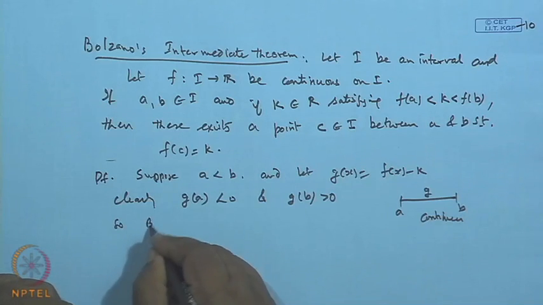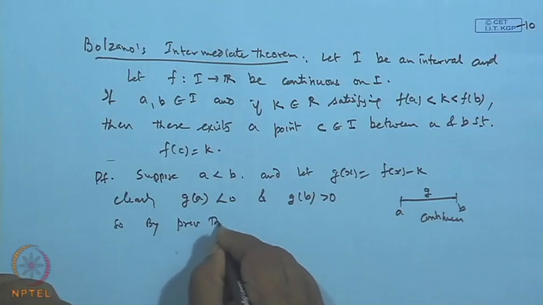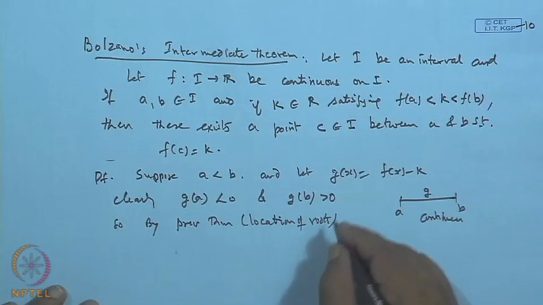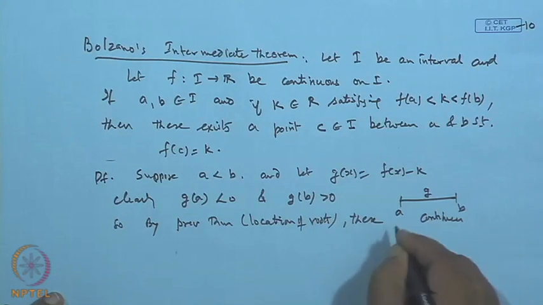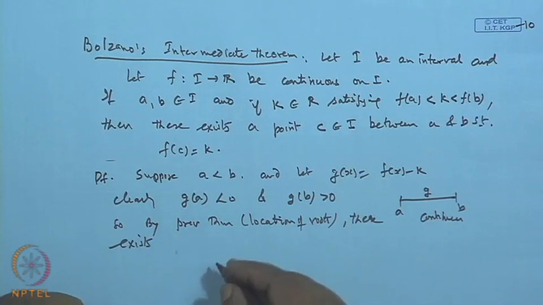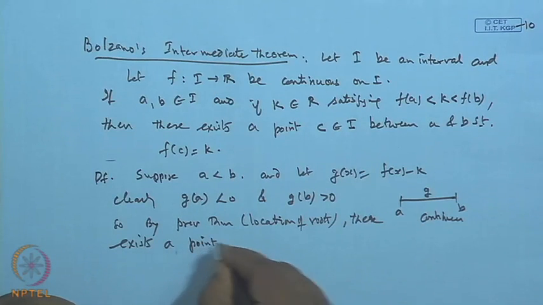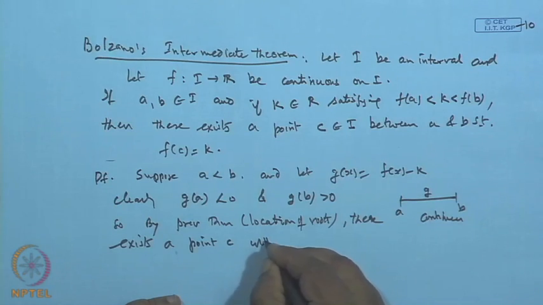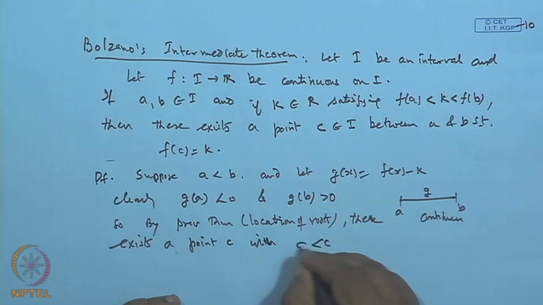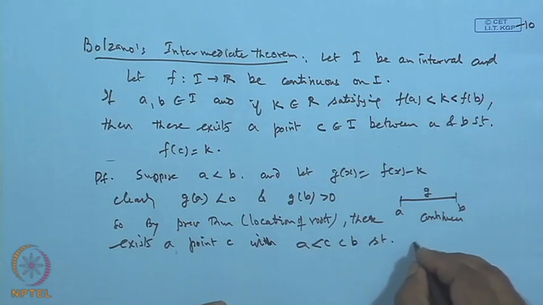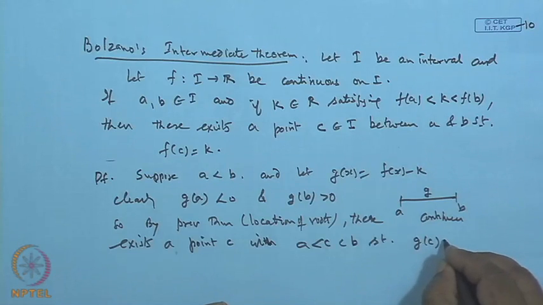So, by the previous theorem, that is, location of roots, there exists a point C lying between a and b such that the value g(c) is 0.